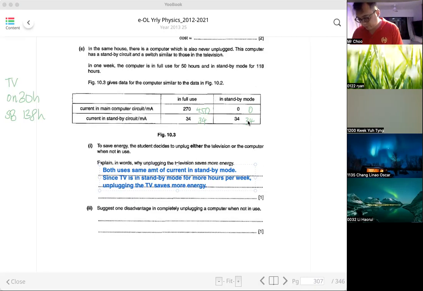Can you see? Both use the same amount of current during standby. So since the TV is on standby more hours, therefore it makes sense to unplug the TV to save more energy.